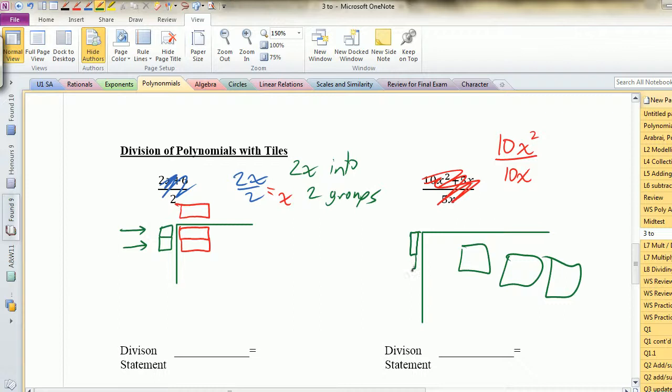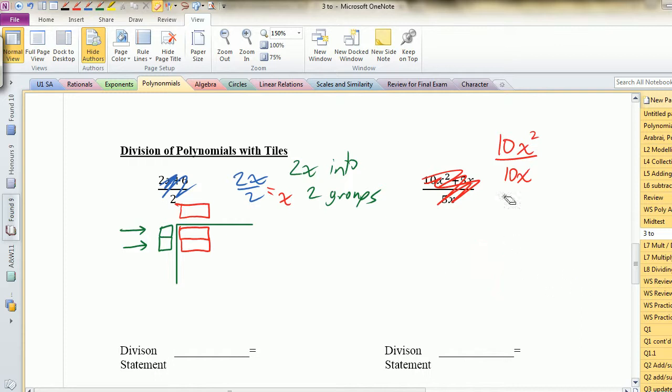So there's 1, 2. Oh, that's a lot of drawing. 3, 4, 5. Let's change that number. That's ridiculous. Let's go 5x squared divided by 5x. Much better number. Sorry, folks. But it's just going to make it easier on you.